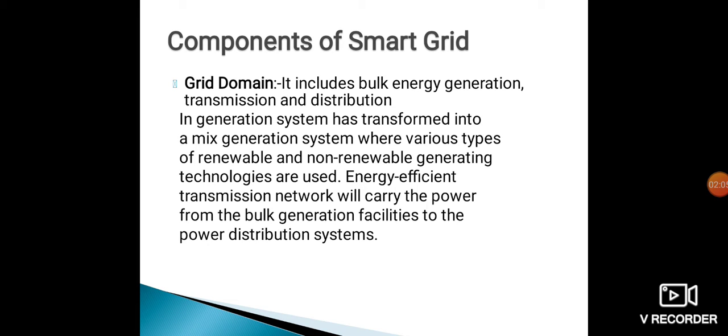So grid domain includes 3 points that are energy generation, transmission and distribution. In generation system, it is transformed into the mixed generation system where various types of renewable and non-renewable generating technologies are used.